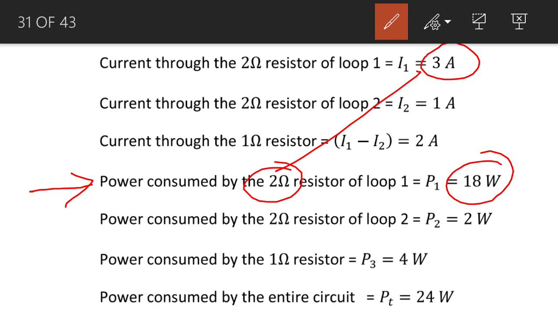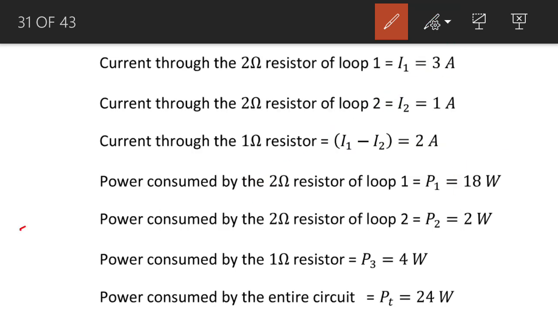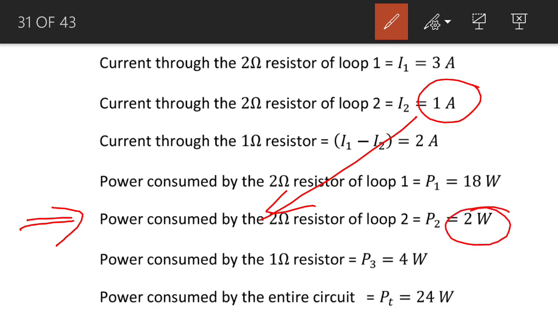The power consumed by the 2 ohm resistor of loop number 2 is P2, and that will be equal to I2 square, that is 1, multiplied by 2. So 1 multiplied by 2 is 2 watt.